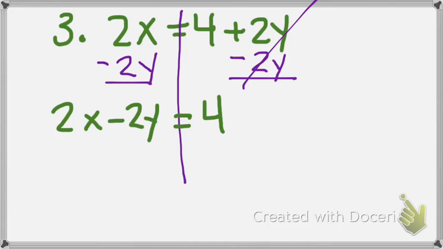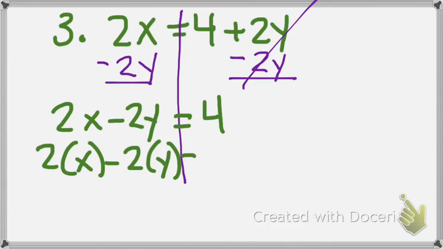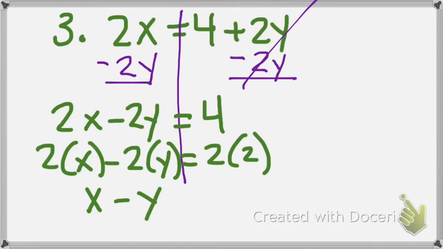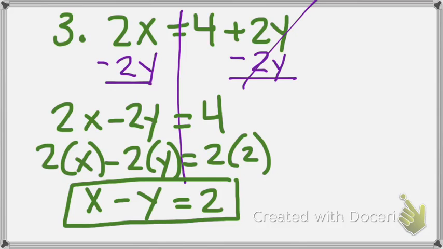I have a common factor of 2. So I'm going to take out a 2 from each side. I'm left with x minus y equals 2. Now my equation is in standard form.